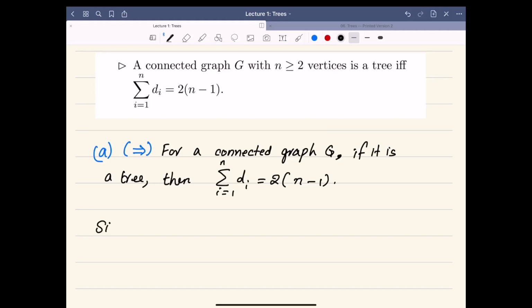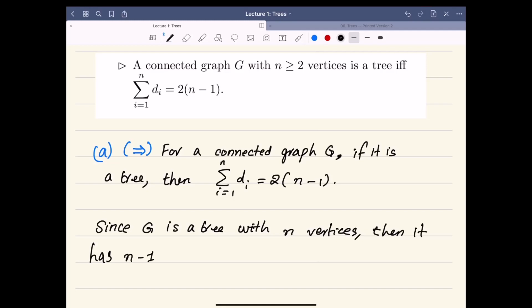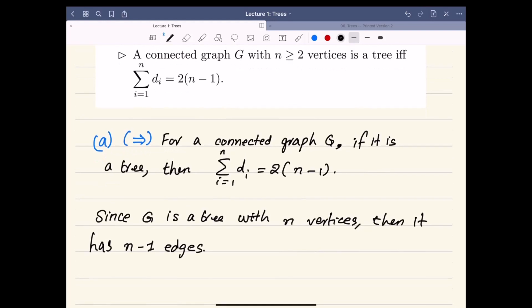Now, since G is a tree with n vertices, then it has n minus 1 edges, and this is one of the properties of the tree.